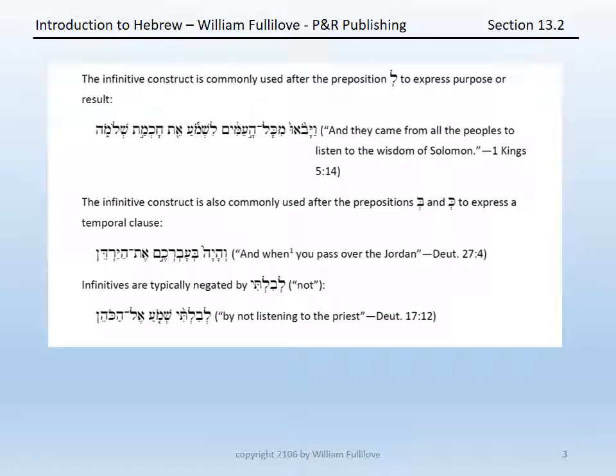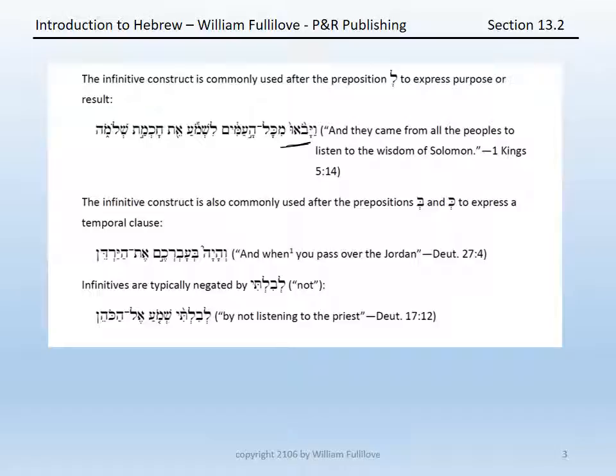The infinitive construct is commonly used after the preposition lamed to express either purpose or result. For instance, in 1 Kings 5, we have vayavo'u mikol ha'amim lishmoa et hokmat shlomo.